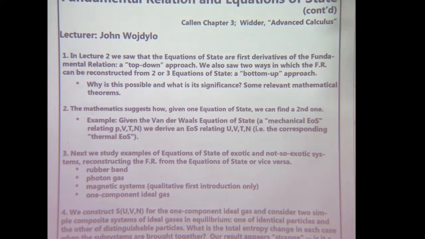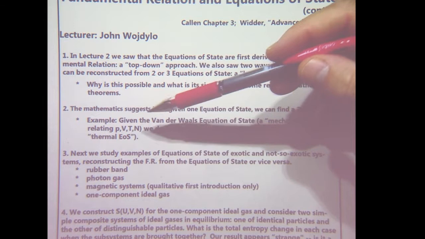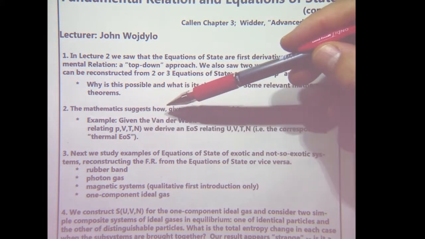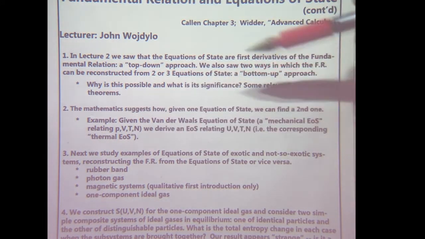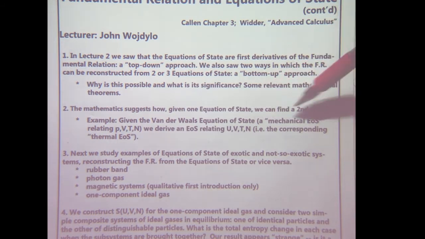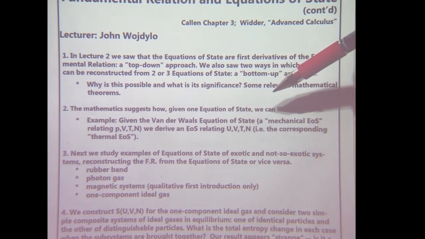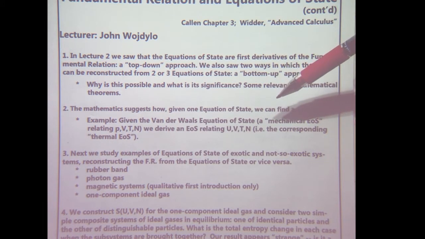Now, the second thing that we'll do is, if you look at these theorems, then the mathematics suggests how, given one equation of state, you can find another one. Okay. So if you've only got one equation of state, how can you actually use the knowledge of the mathematics to derive a second one?